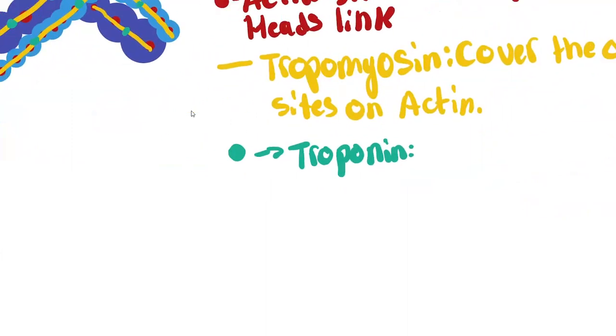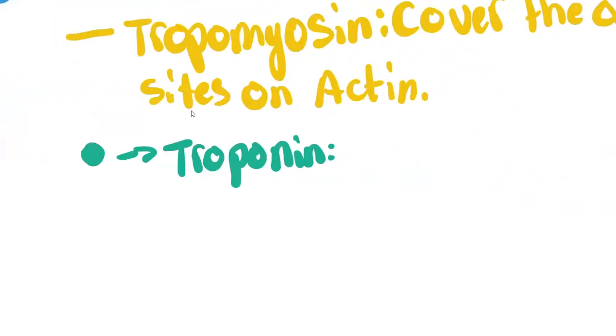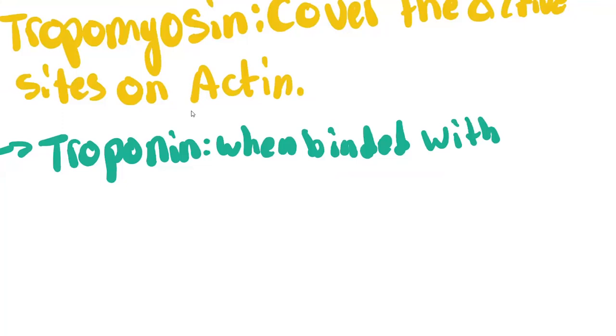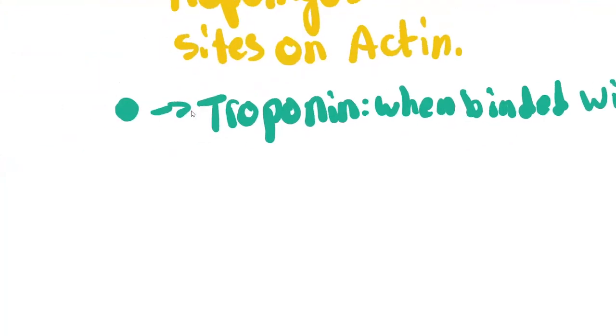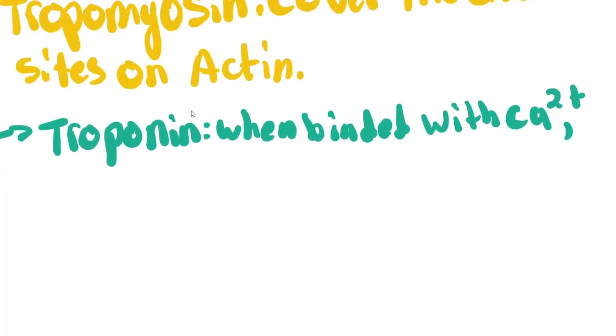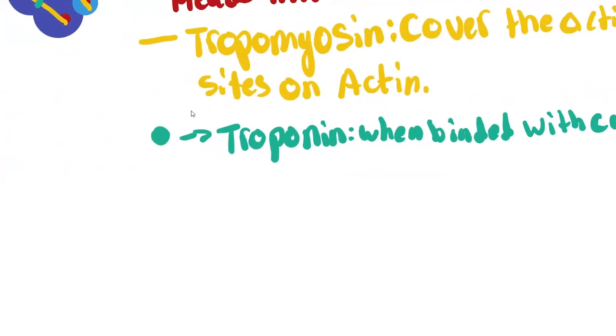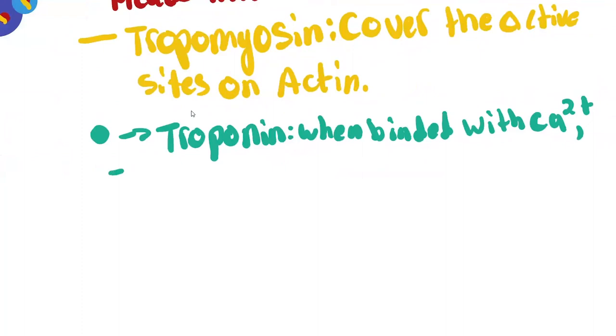And what this does is, when it's bound to calcium, this protein troponin is able to change shape. So when bound to calcium, it changes shape.